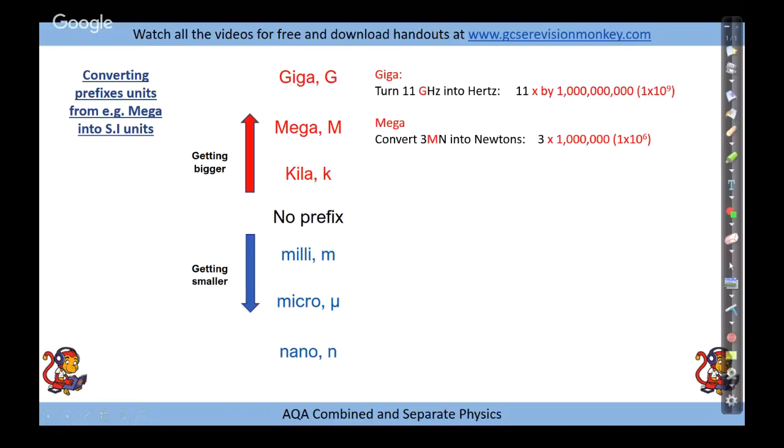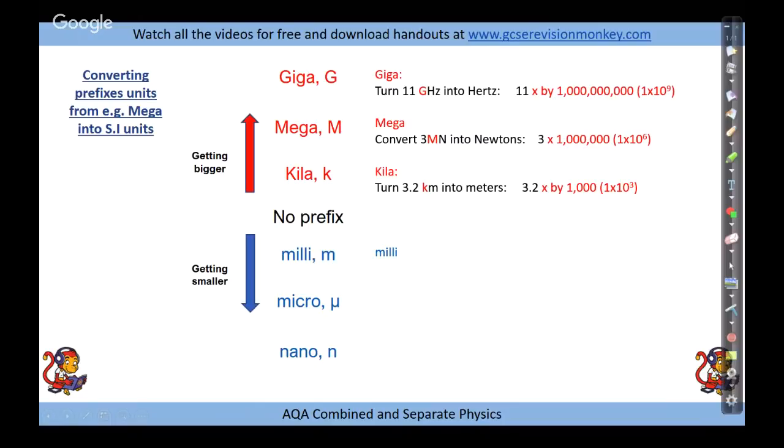Convert 3 meganewtons into newtons, maybe the gravitational attraction of a planet. So 3 times 1 million, or 3 times 10 to the 6. Okay, kilo means 1,000. So 3.2 kilometers into meters, 3.2 times 1,000, or 3.2 times 10 to the 3.